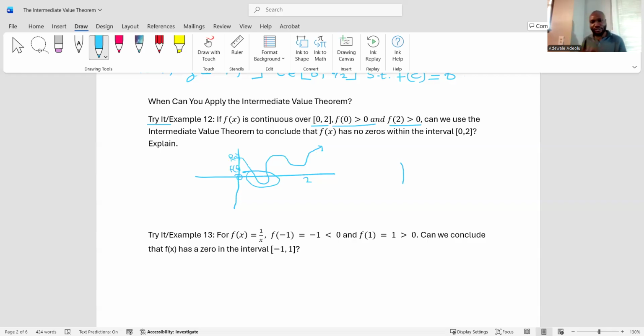What IVT tells us is that if f is continuous on that interval and they have opposite signs, then we are guaranteed that there will be a 0. If otherwise, then we need to sit back and maybe think further. We cannot conclude that there won't be a 0.